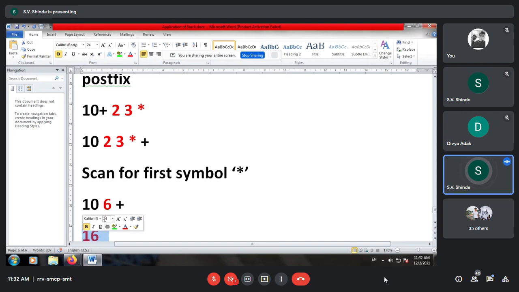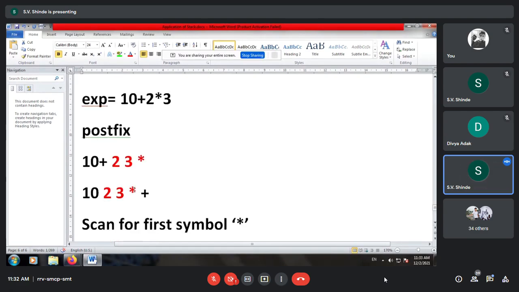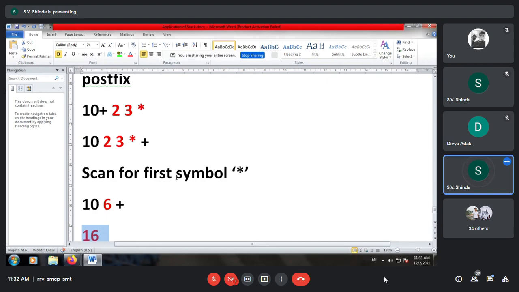So as compared to prefix and infix expression, which do you think is better for evaluation, either postfix or prefix? First participants, which is better? Postfix. Yes, indeed postfix is better because it will solve the priority automatically.